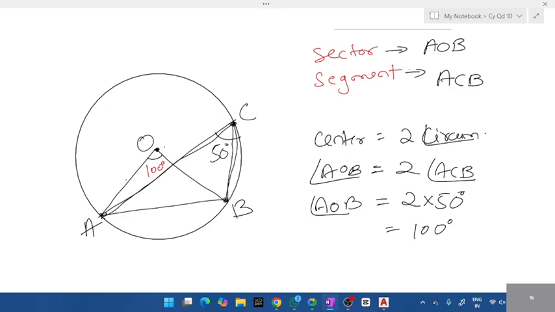Angle subtended by an arc at the center. Forget about the theorem, just remember the word. I've just taken the main words. Center is equal to what is given here? Double the angle subtended at the circumference, right? The remaining part means circumference.